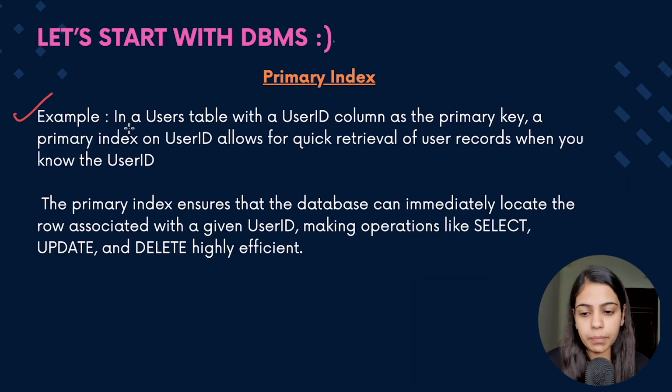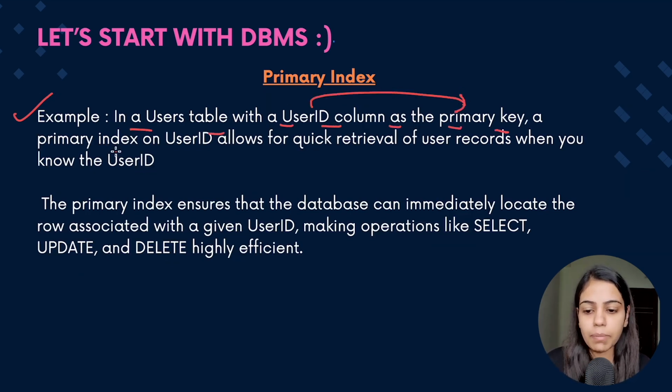Let's understand from an example. In a user table with the user ID column as a primary key. So here the user ID column is the primary key. A primary index on user ID can allow for quick retrieval of user records when you know the user ID. So whenever we know the user ID, we don't need to go ahead and search each and every block for that particular user ID.